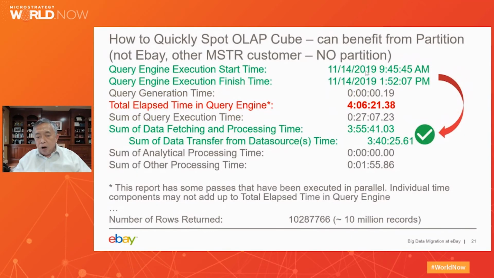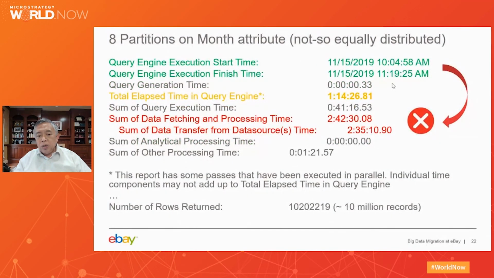Previously, it took about 4 hours. When we bring the data with 8 partitions, assuming the network is not the bottleneck yet, it's supposed to reduce the time in the query engine to about 30 minutes.